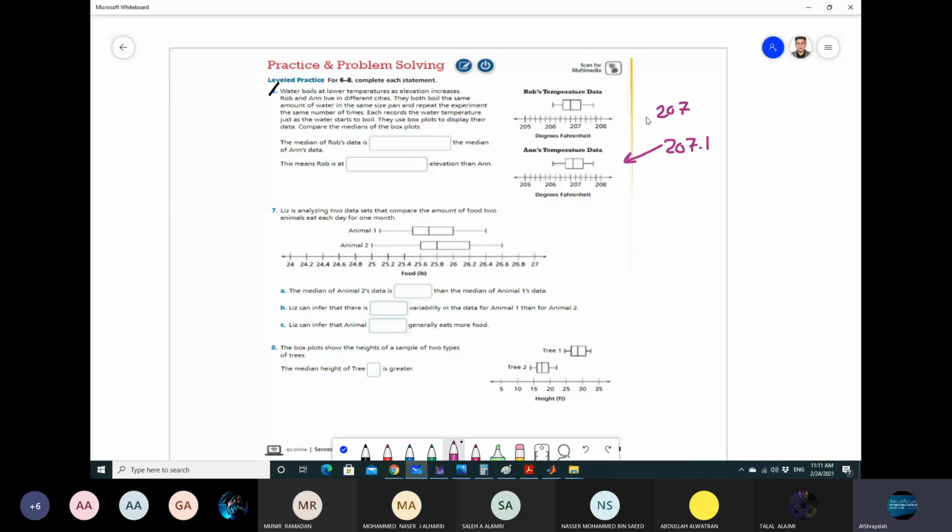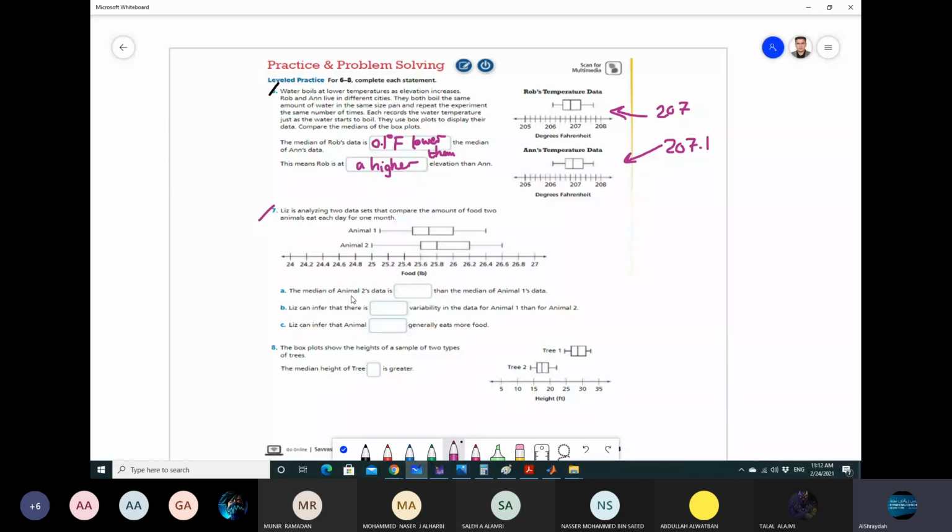So the median of Rob's data is 0.1 degrees Fahrenheit not greater, lower, sorry, lower than the median of Anne's data. So here at a higher elevation.